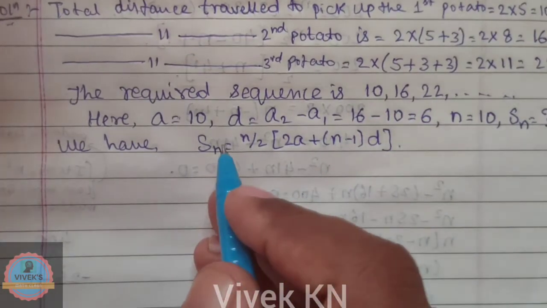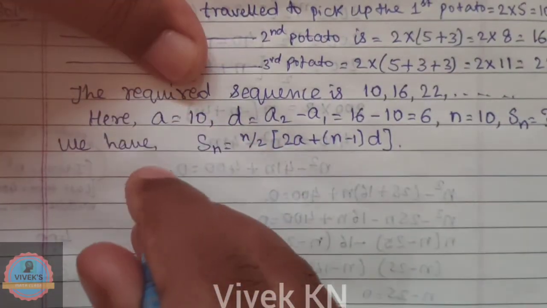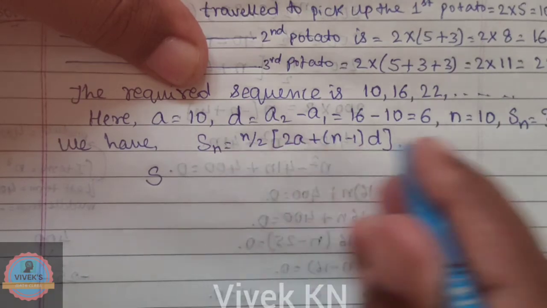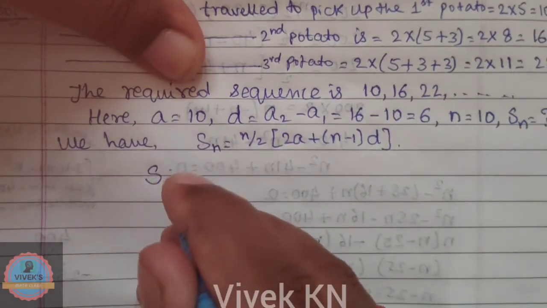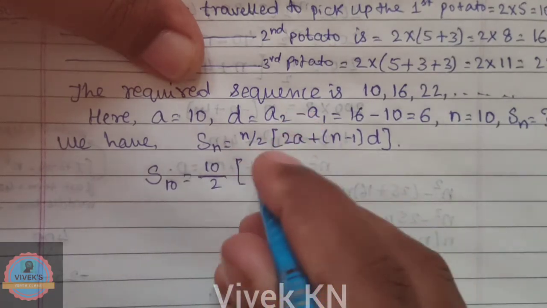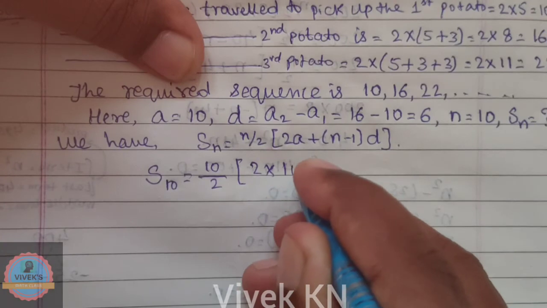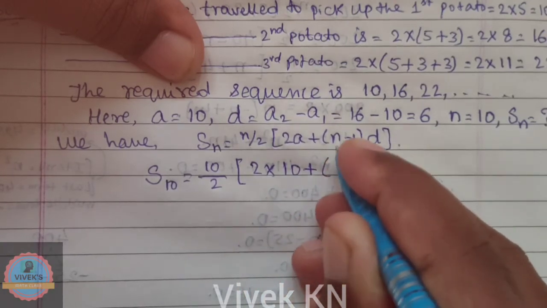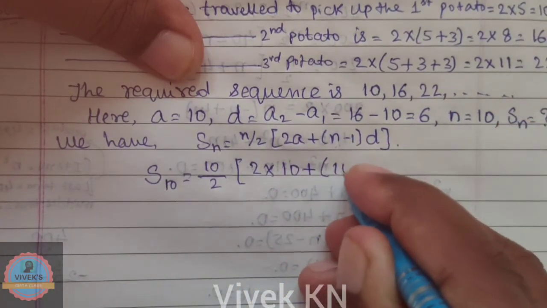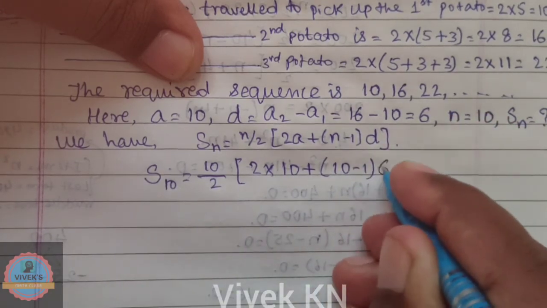Now let us substitute all these values in this formula. The value of n is 10. S10 is equal to 10 by 2 into 2 into the value of a which is 10, plus n value 10 minus 1 into the value of d which is 6.